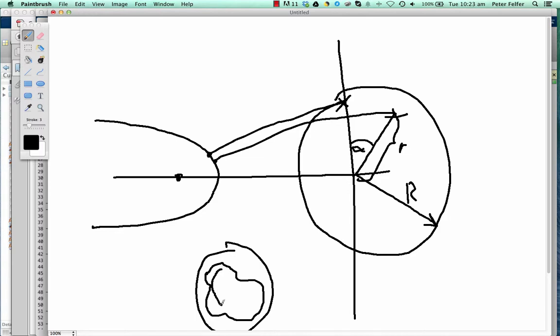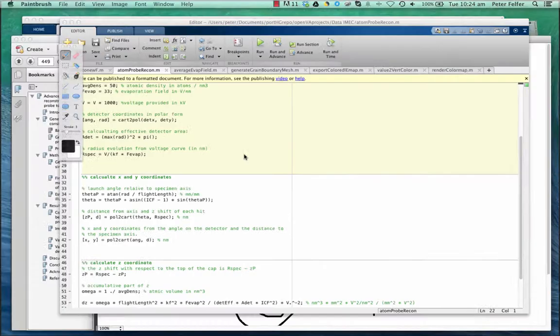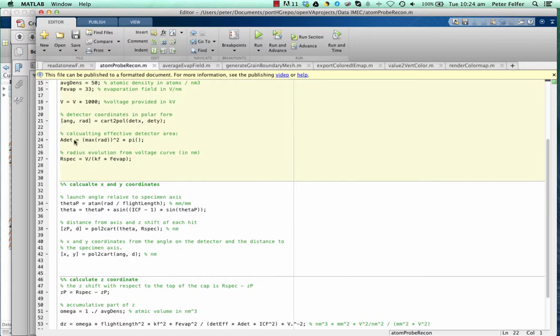And you might be cropping this area out, this is supposed to be a circle, okay? And so we need to calculate what the effective detector area is. There's actually a way of using all of the data, but that's a topic for a different day. Anyway, so you need to calculate the effective detector area, and that's what we're doing here.